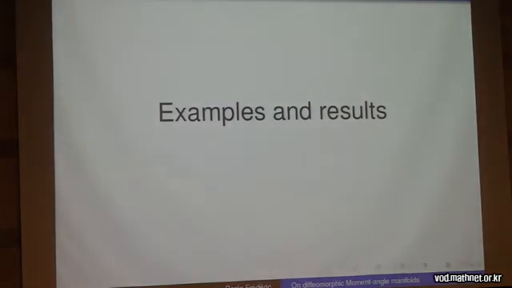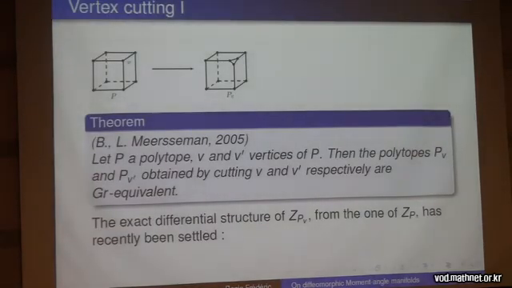So now we give some examples of graded equivalent polytopes, I hope non-trivial examples. The first, historically, even if the notion of graded equivalence was not introduced, is this one. You can take a simple polytope and construct another simple polytope just by cutting a vertex, like in the picture.